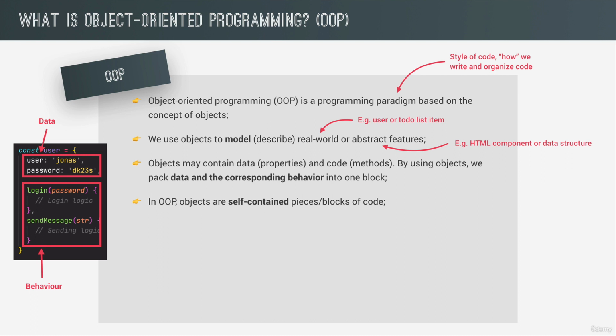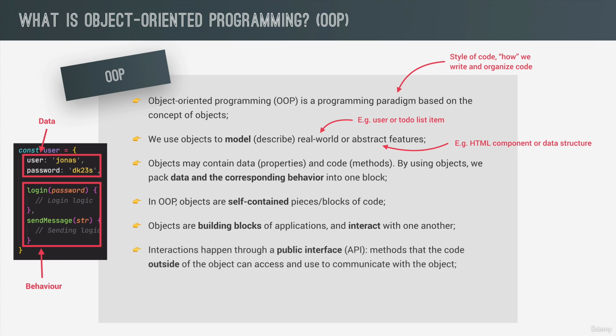And we then use these objects as building blocks of our applications and make objects interact with one another. Now, these interactions happen through a so-called public interface, which we also call API. This interface is basically a bunch of methods that the code outside of the objects can access and that we use to communicate with the object.